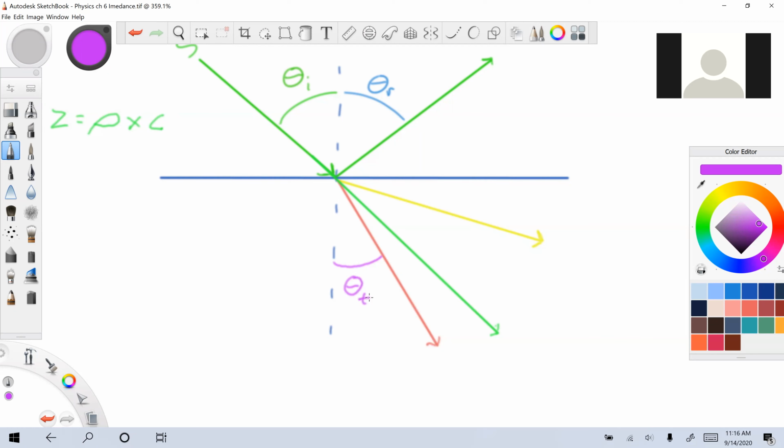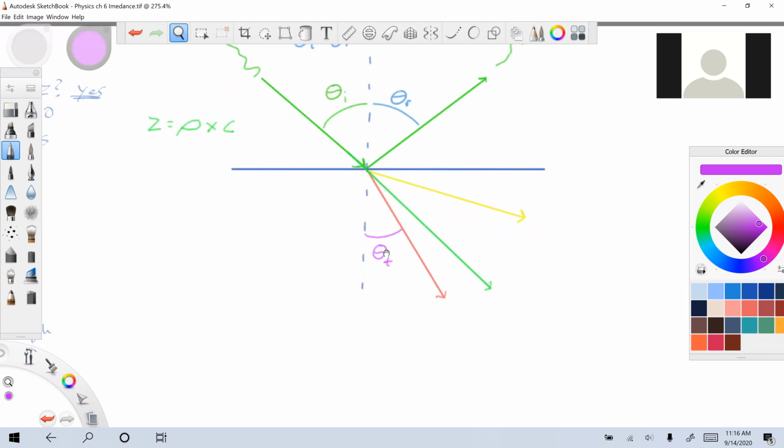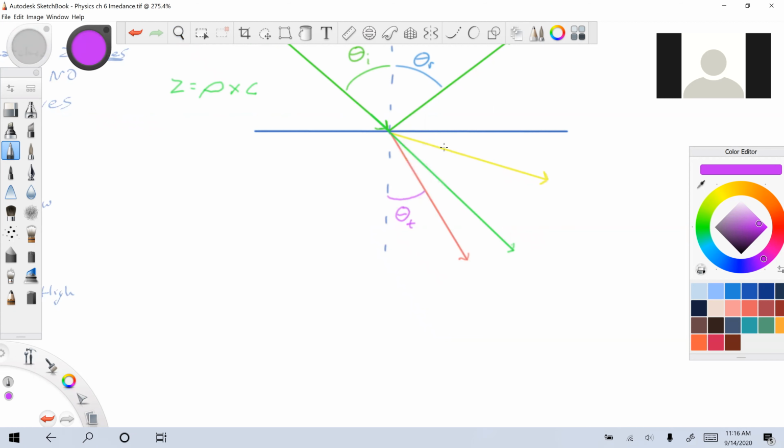Actually, it does always work, but the way I draw the picture doesn't always work, but mathematically it always works. And the mnemonic, let's do yellow. Speed up. Slow down.